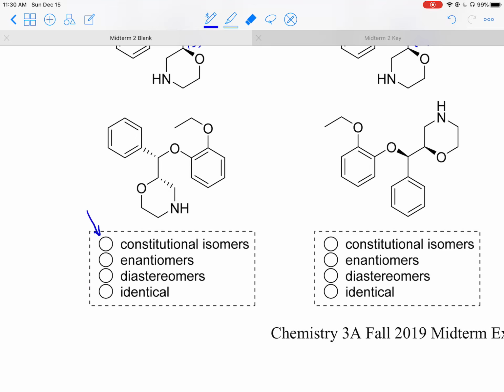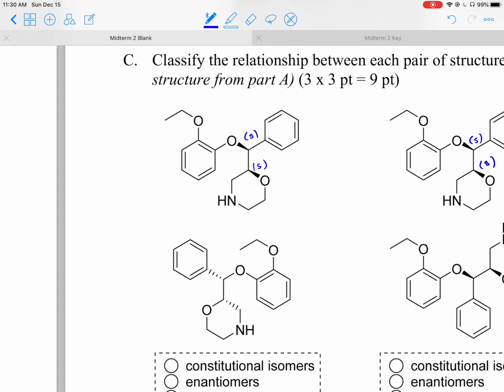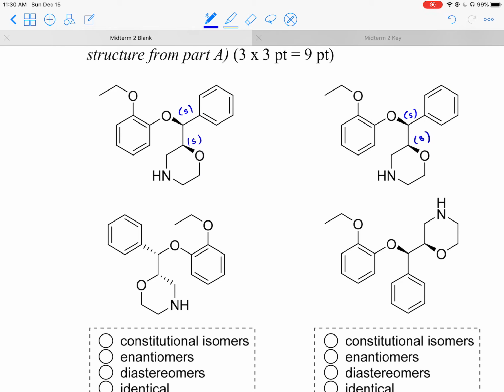So first, let's just double check to make sure that these first two aren't constitutional isomers, because that would stick out the most and that would be easiest to identify. So we've got these 2 carbons and then the oxygen. That's the same as over here. And we've got that connected to the benzene. And then 1 carbon away from that is the oxygen here. That's the same thing here. It's only 1 carbon away.